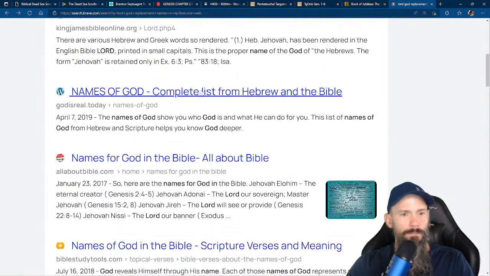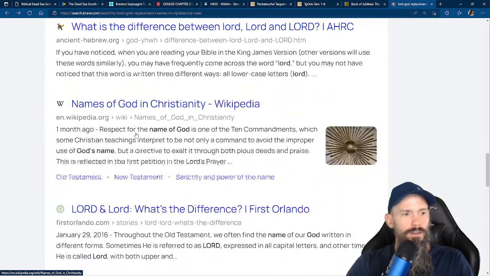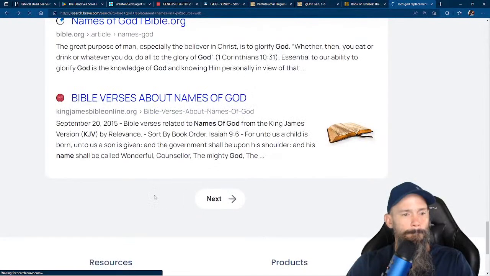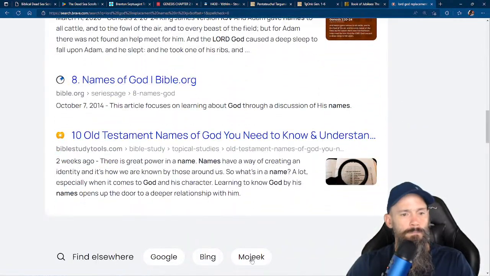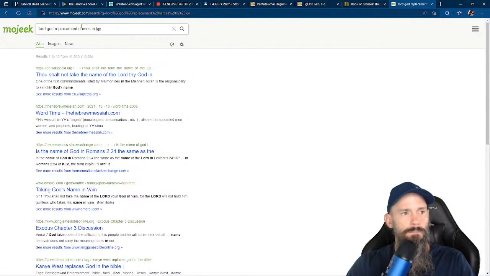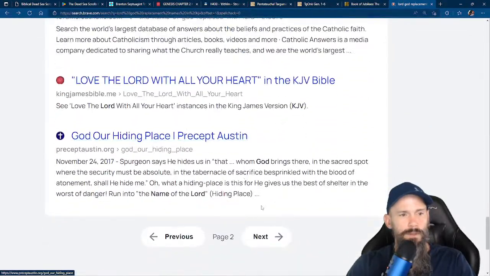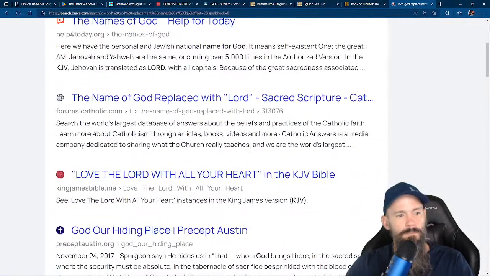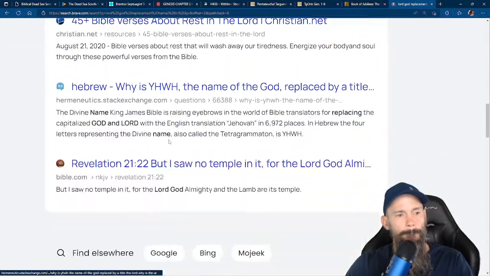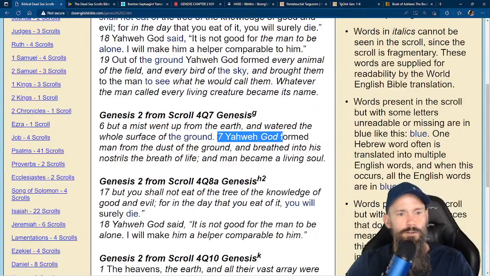No. It's in the back of my KJV though. What in the world? Names. It'd be hard to, yeah, I'm gonna have to find that, see if they've got a definition online. So anyways, I got it right here.